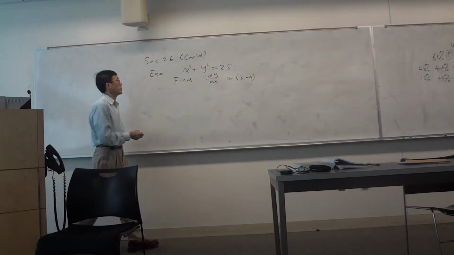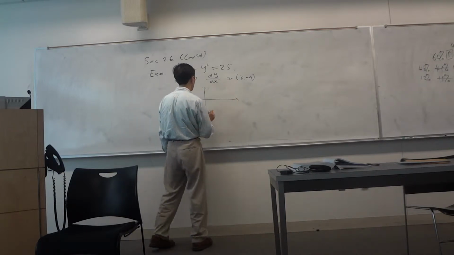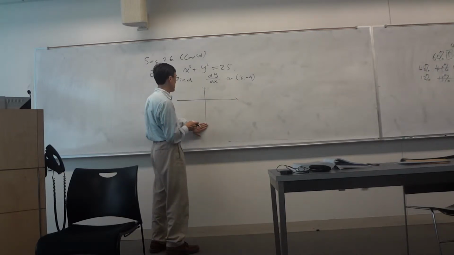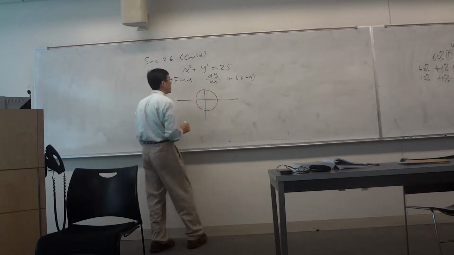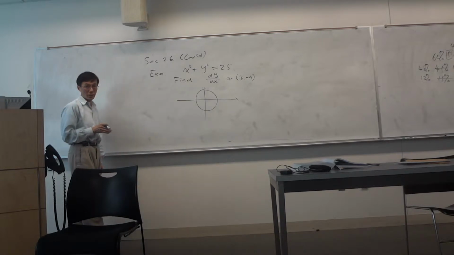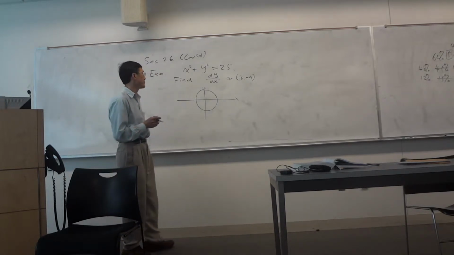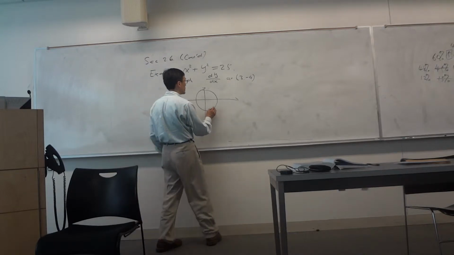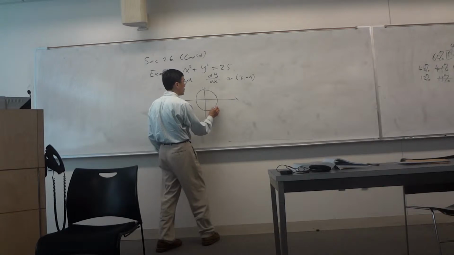First of all, let's try to understand the picture. This is a circle, the center is the origin, and the radius is equal to 5. And we're looking at the slope of the tangent line at this particular point.